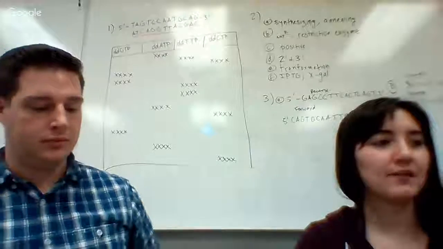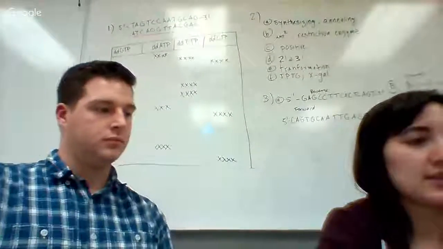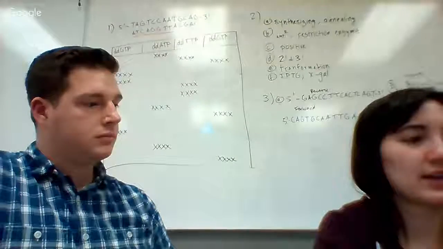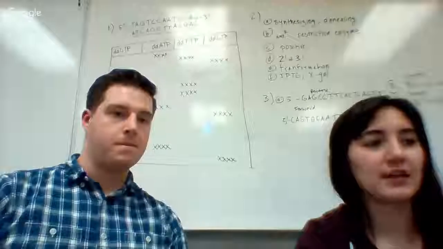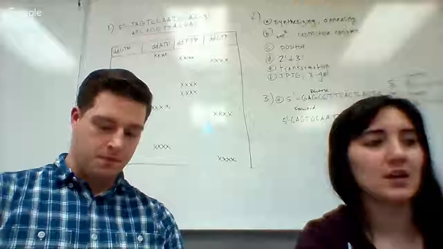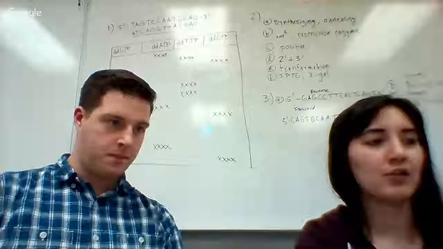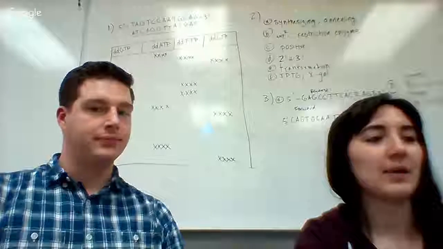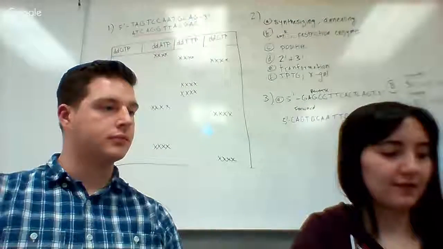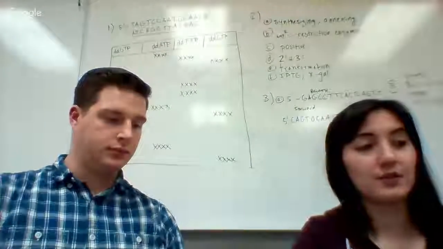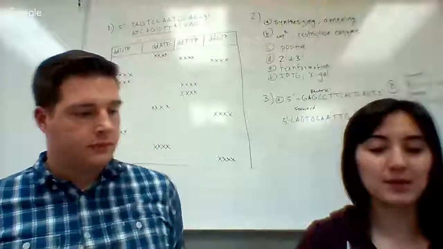Okay, and then for question 5, it talks about a yeast species, and it asks you to tell the steps that you would use to generate cDNA from this yeast mature mRNA, clone the cDNA, and then use blue-white screening. For the first part, we're going to have to purify the mRNA, and then you mix it with a primer.